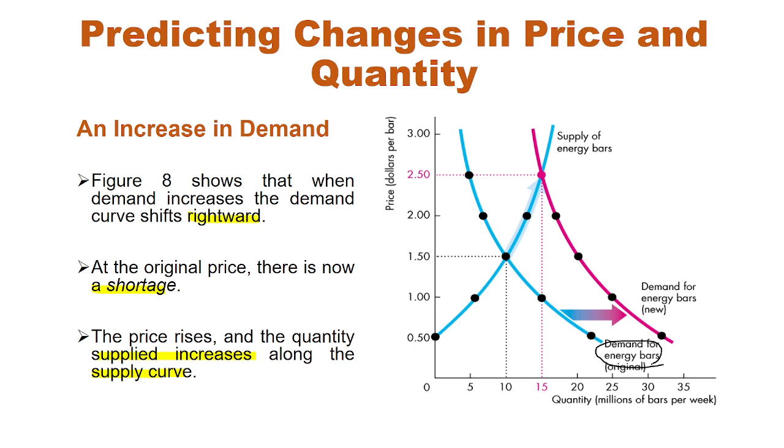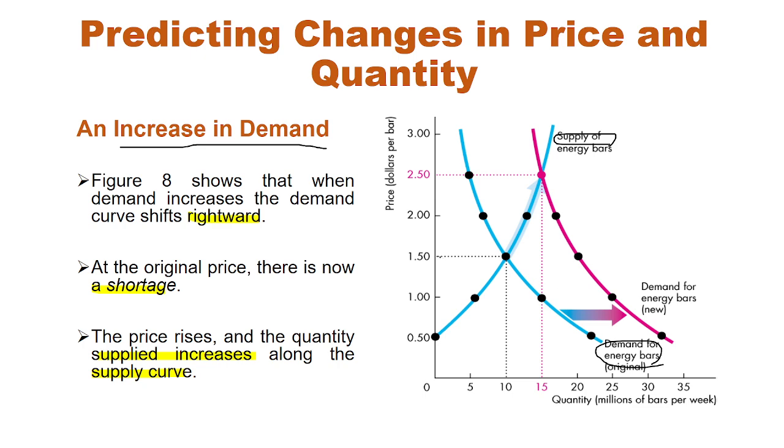This is the original demand curve and this is the original supply curve. And the original equilibrium price is $1.50. Suddenly, an increase in demand takes place, and the demand curve, as you can see, shifts to the right.